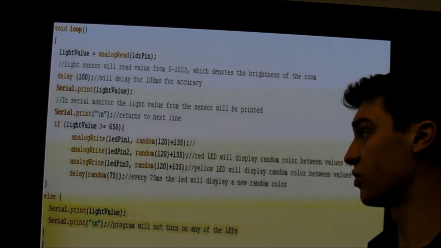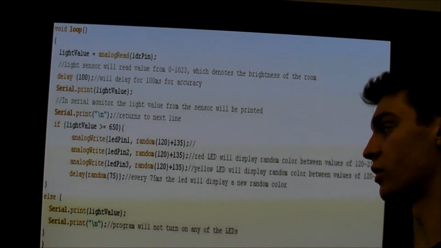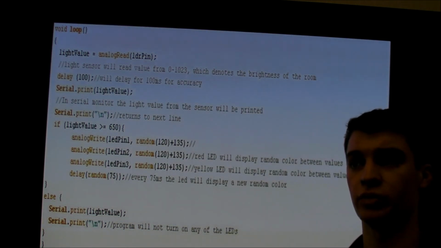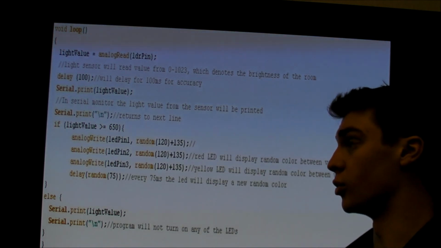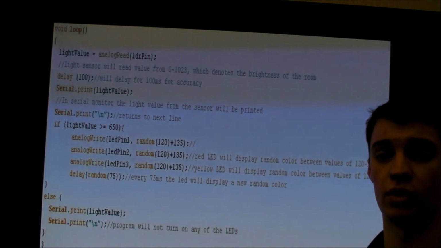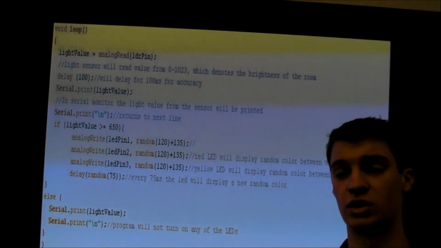And then if the light value does not happen to be greater than 650, then it will just keep printing off the light values, which are smaller. And so technically this loop will never terminate and will consistently be running. That's the end of the project explanation.